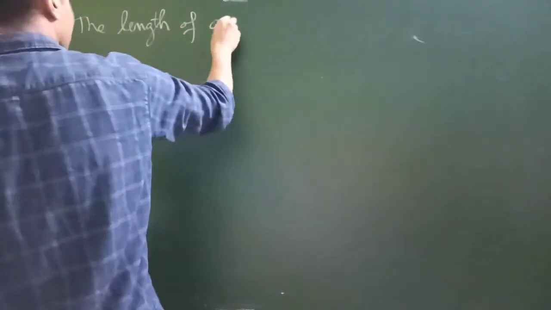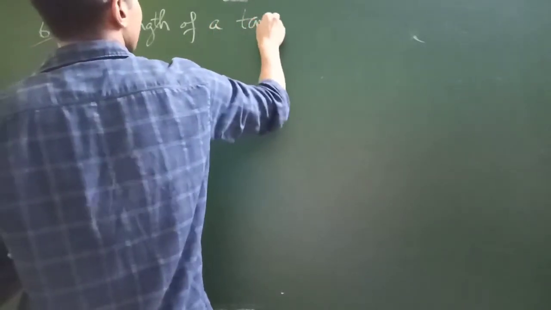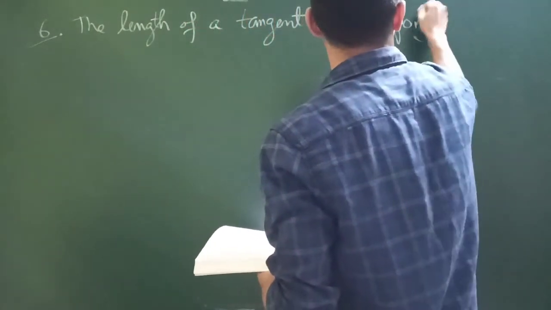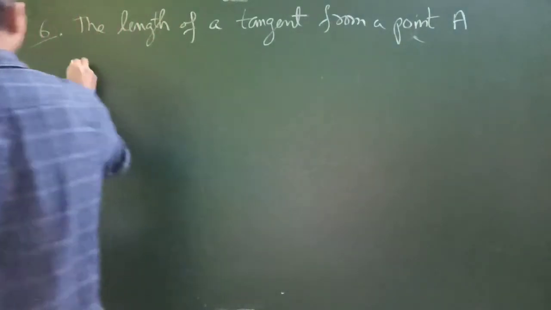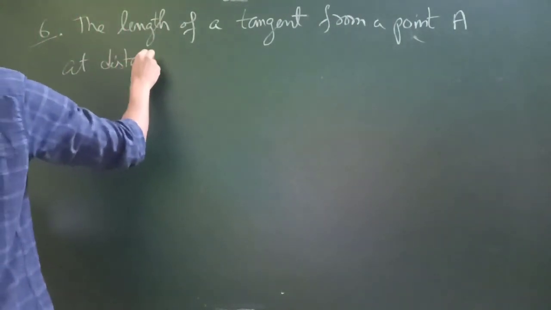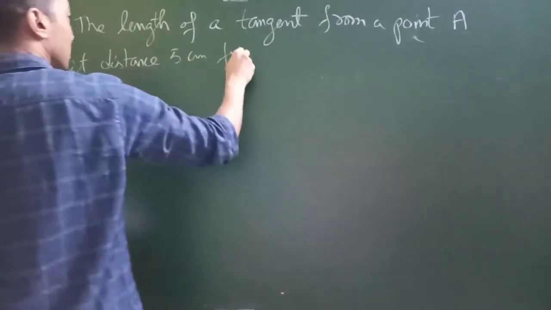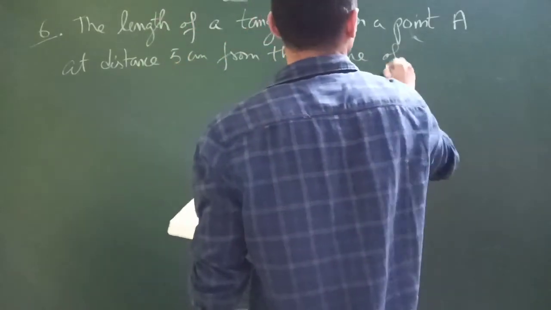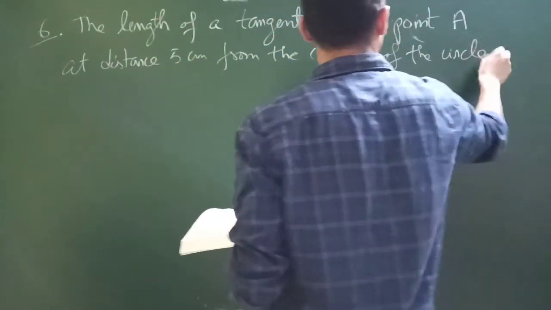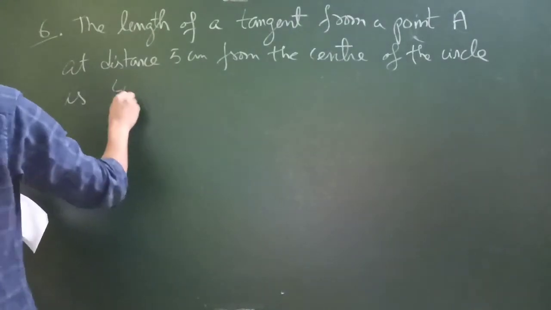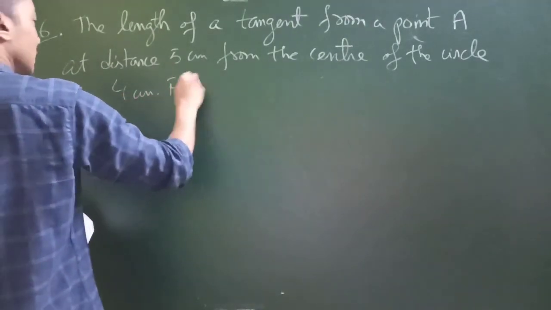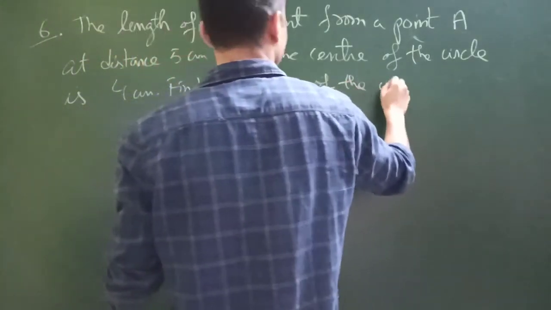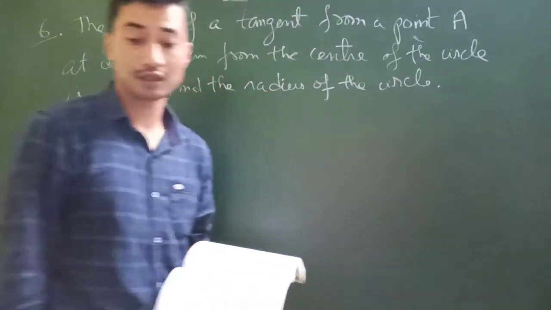The length of a tangent from a point A, at a distance of 5 centimeter from the center of the circle, is 4 centimeter. Find the radius of the circle.